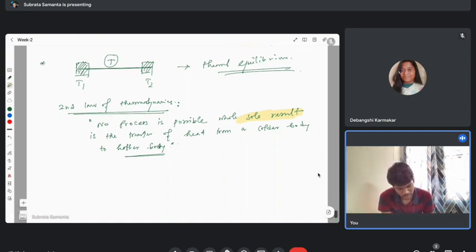This statement is called the Clausius statement. There are two statements of the second law of thermodynamics, and the two statements are equivalent. So this is the Clausius statement.